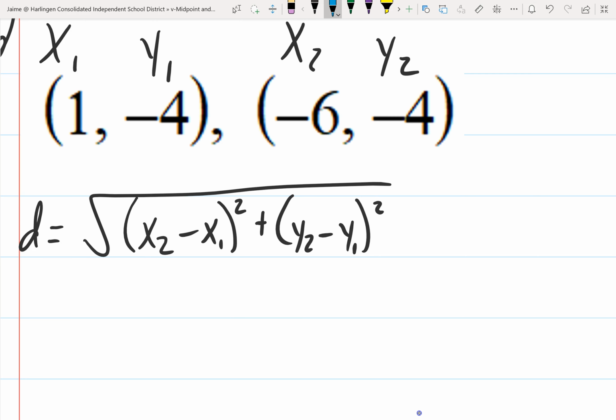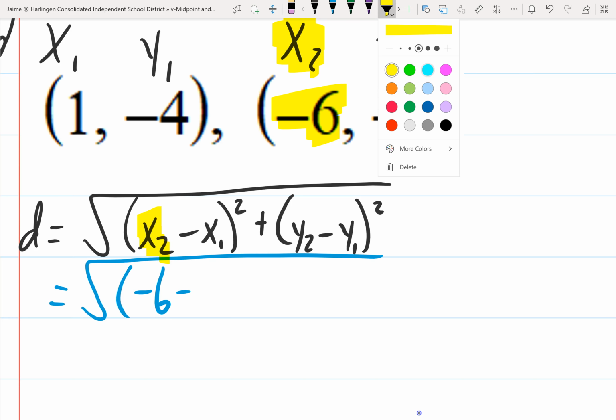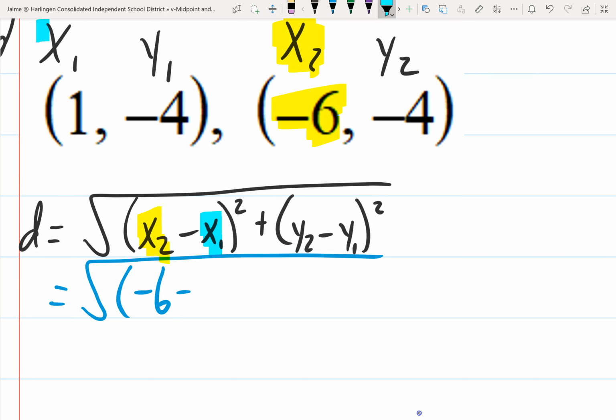So let's see. Equals the square root. x2 goes first. x2 is right there, which is -6. So parentheses -6. You have to put a minus sign because that is the formula. Now x1 is 1. So put 1 squared. And then put a plus sign because that's the formula.